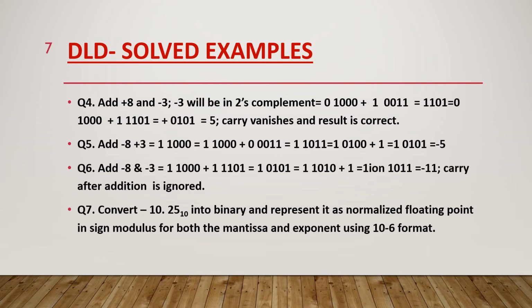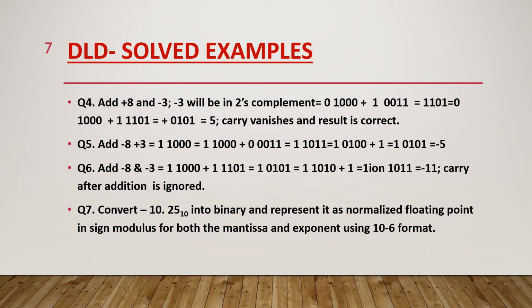Okay. So if we see 0, 1, 0, 0, 0, which is basically positive 8, plus 1, 0, that 1 is the sign, and 0, 0, 1, 1 is minus 3. Now if we take the 1's complement, it comes out to the 2's complement as 1, 1, 0, 1, and that is equal to 0 because it's positive. 8 minus 3 is 5.